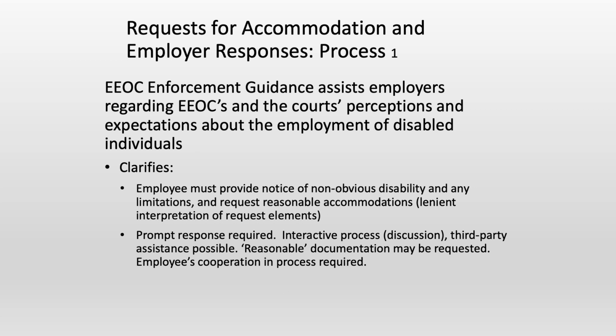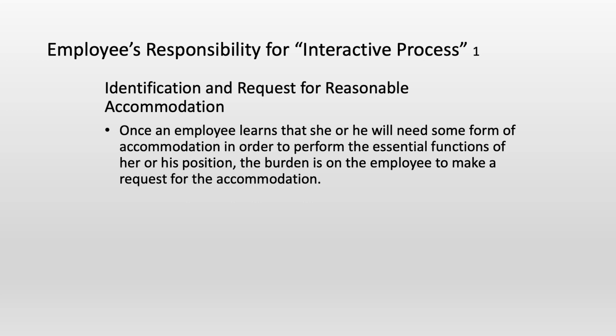And it doesn't mean that it has to be the pinnacle accommodation that the employee wants. It could be something a little bit different, as long as it helps them to be able to do their job. The key is about the interactive process.